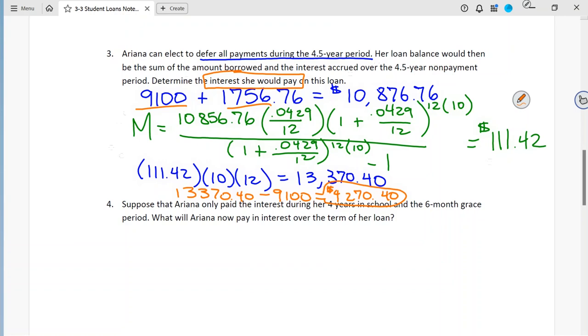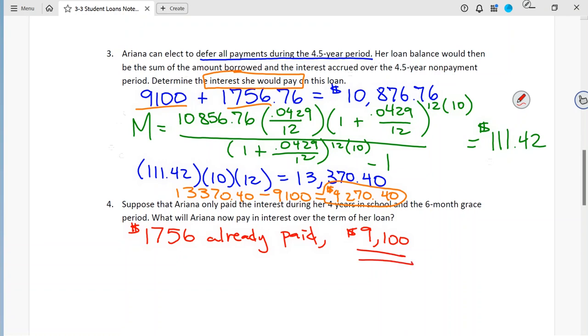So the amount that she is, let's jot down here that she's already paid, 1,756 in interest, okay? And the amount that she owes is 9,100. Now, you will plug this number into the monthly payment formula.